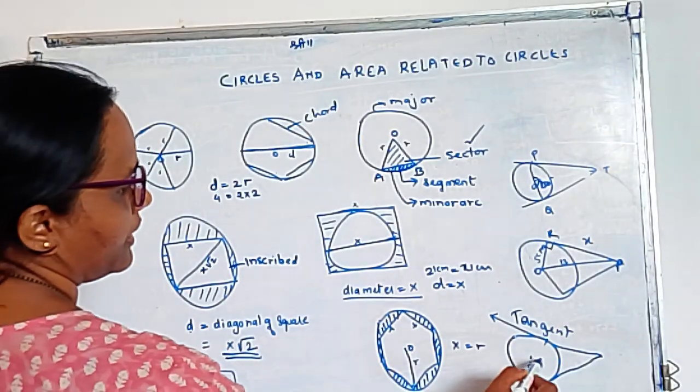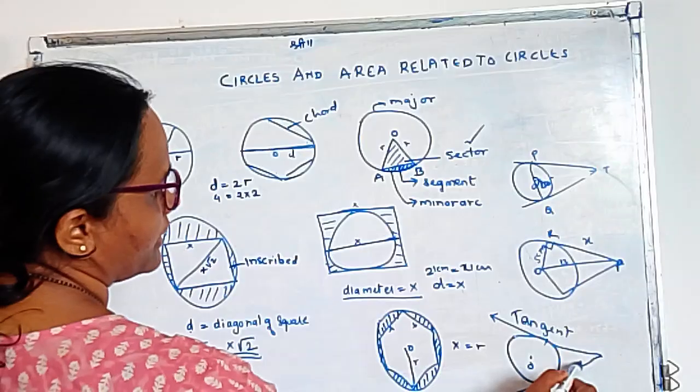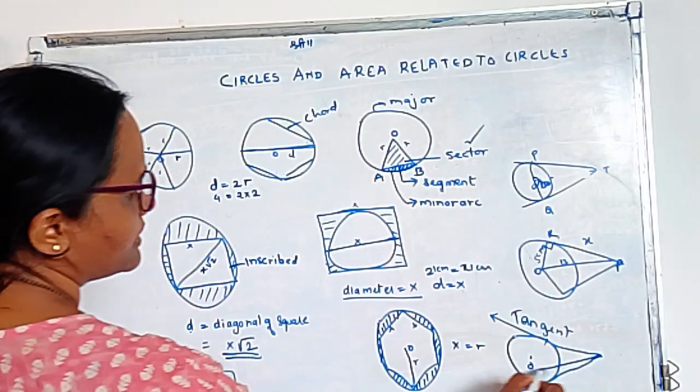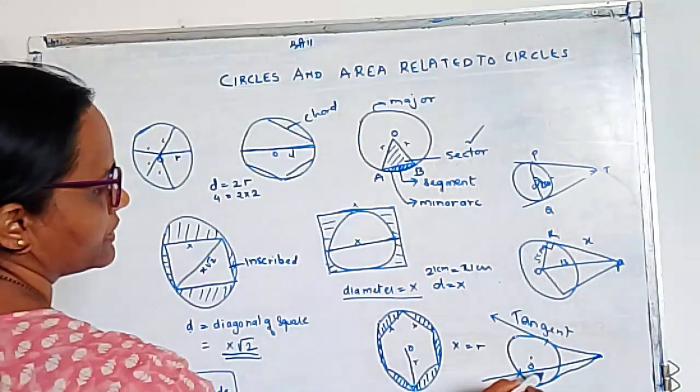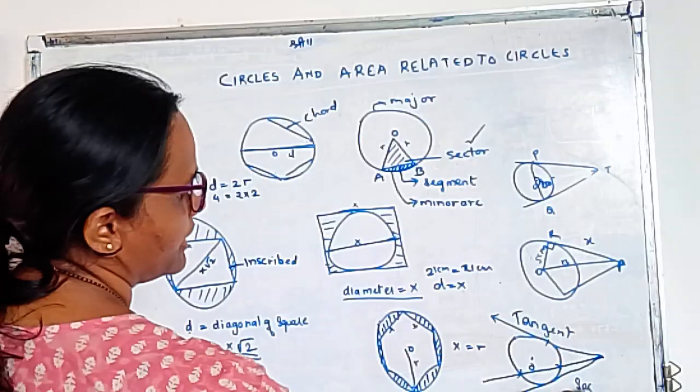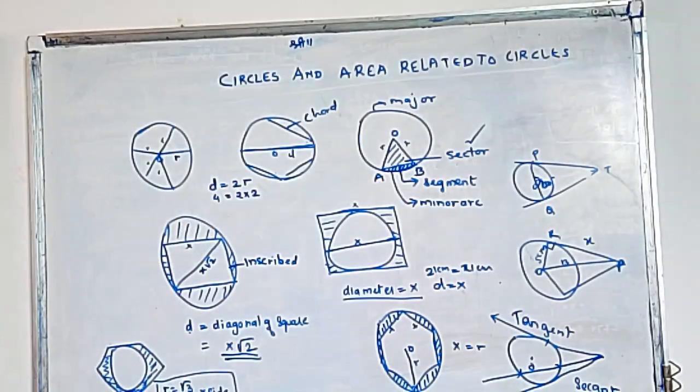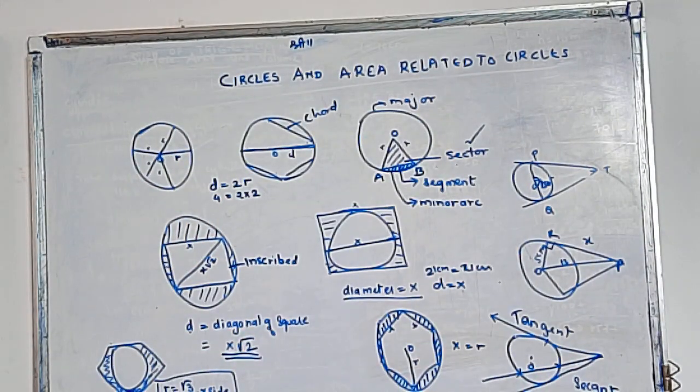And if a line coming from outside touches the circle at 2 points, it is called secant. These definitions are very important with respect to MCQ.